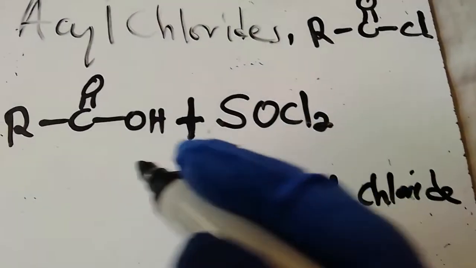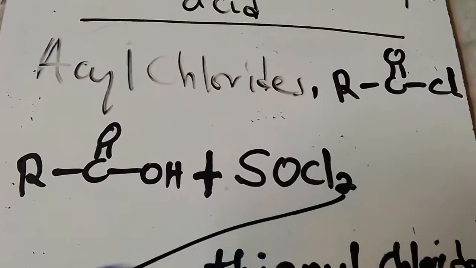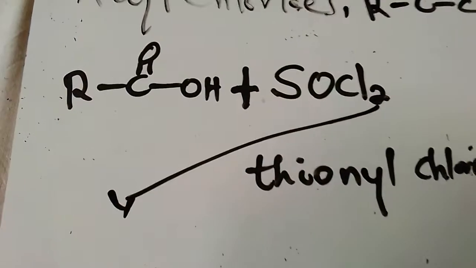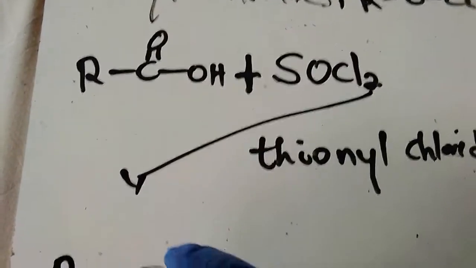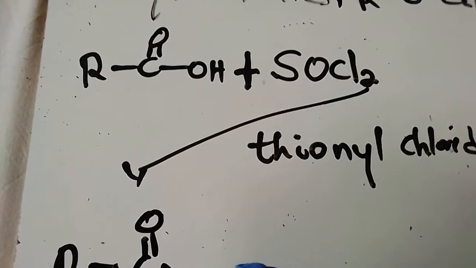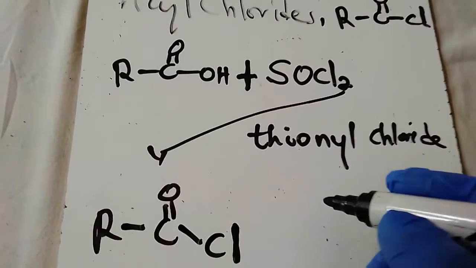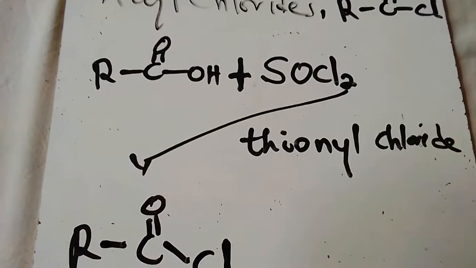So when you have carboxylic acid and you treat it with thionyl chloride, you are going to result in an acyl chloride. So basically, that is how an acyl chloride is produced.